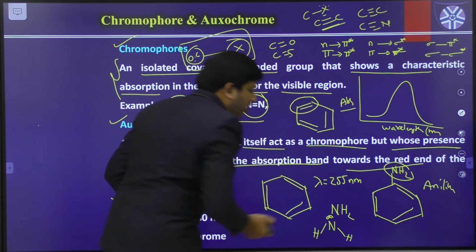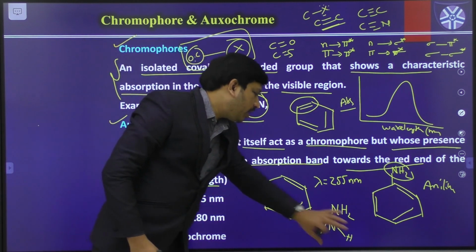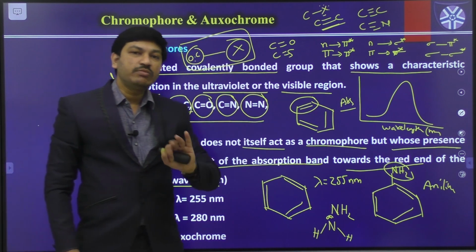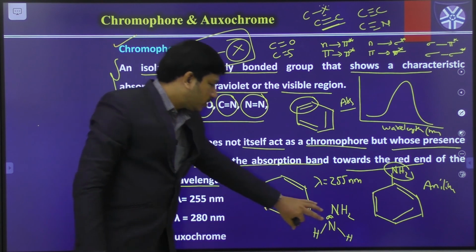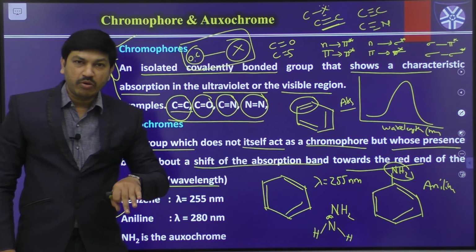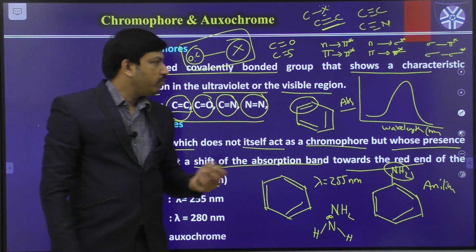This nitrogen contains a lone pair of electrons. But in the case of the NH2 group, all bonds are sigma bonds only. Yes or not? So all bonds are sigma bonds, and nitrogen has a lone pair of electrons.